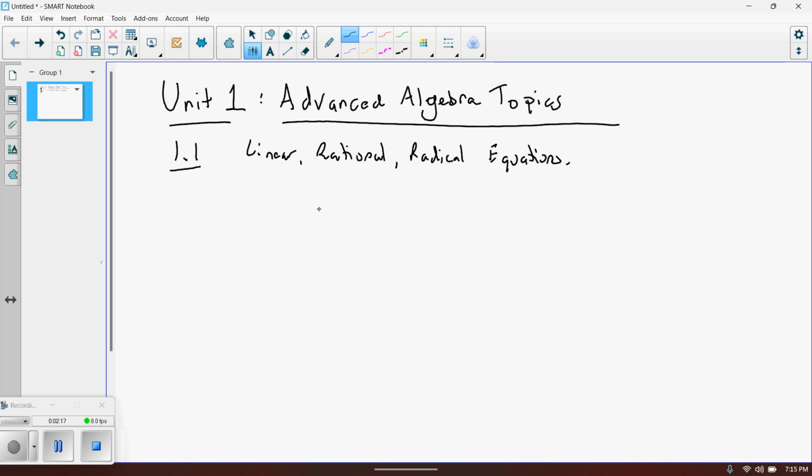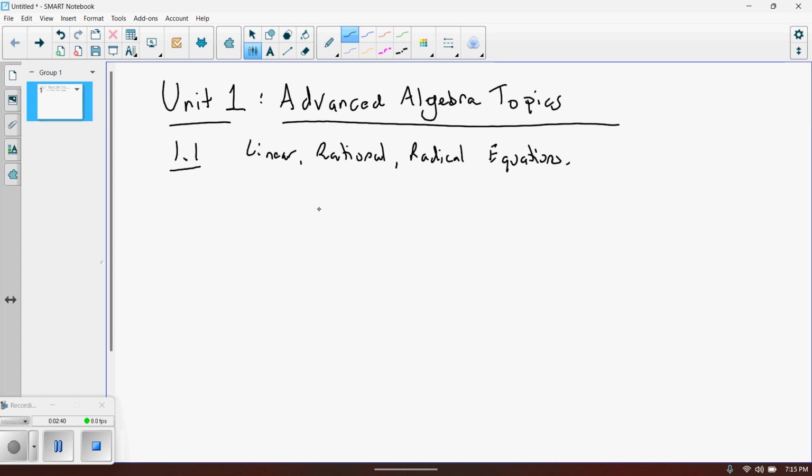And a polynomial is any expression where all of the variables are only raised to whole number exponents. Whole numbers meaning 0, 1, 2, 3, 4, etc. There are no decimal exponents, no fractional exponents, no negative exponents.